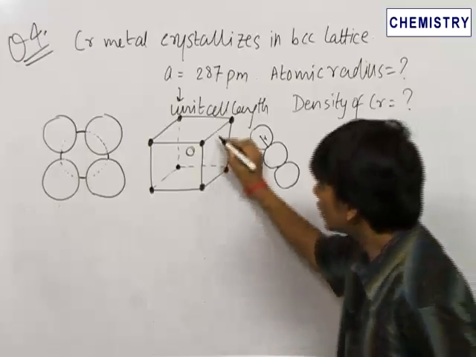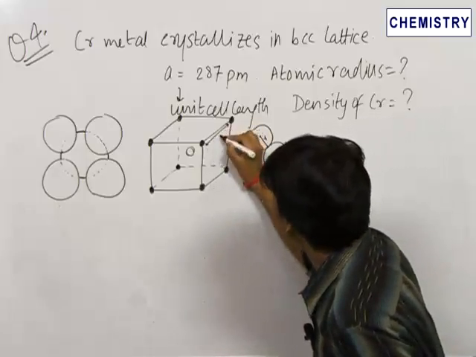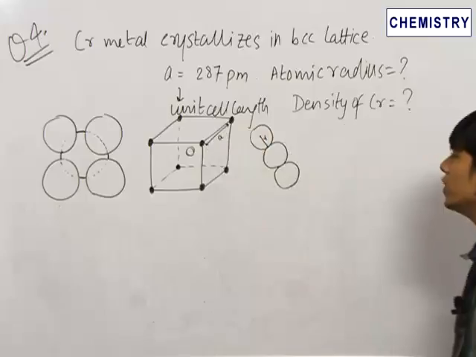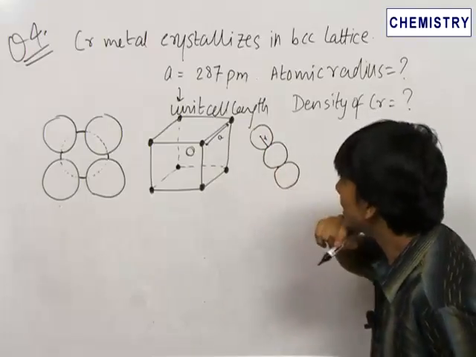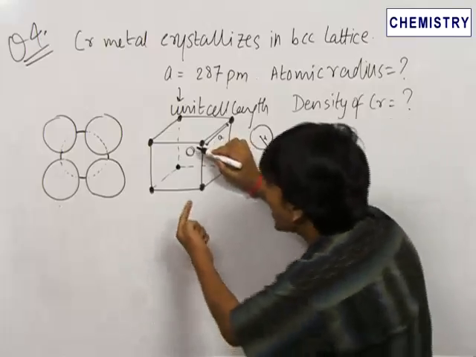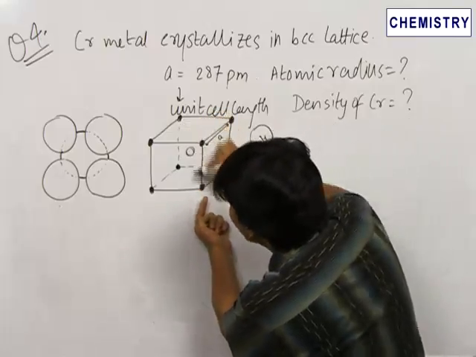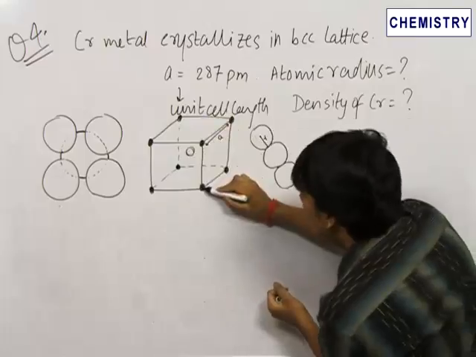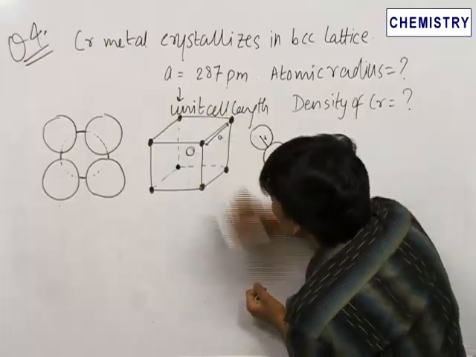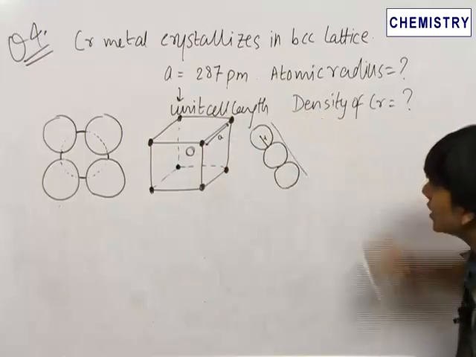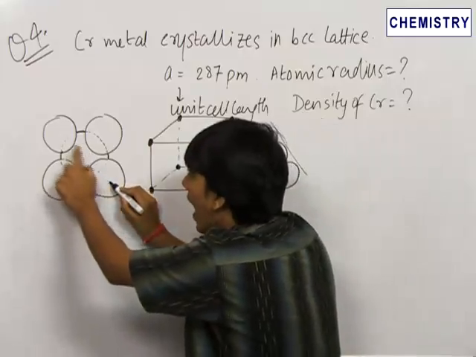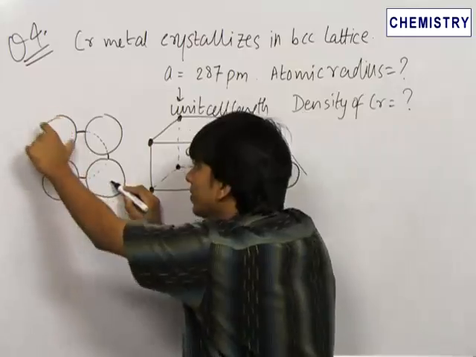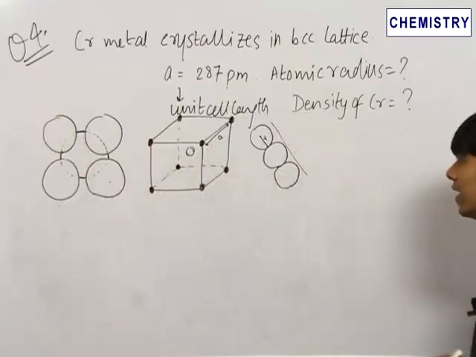To find out the length of the unit cell, we visualize that the atoms are touching along the diagonal. As in this diagram, this atom and the atom below it are touching each other along the diagonal.